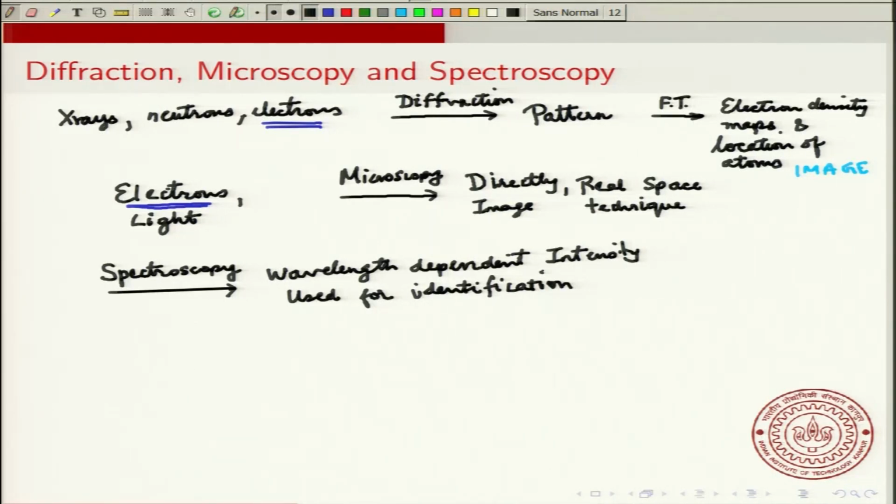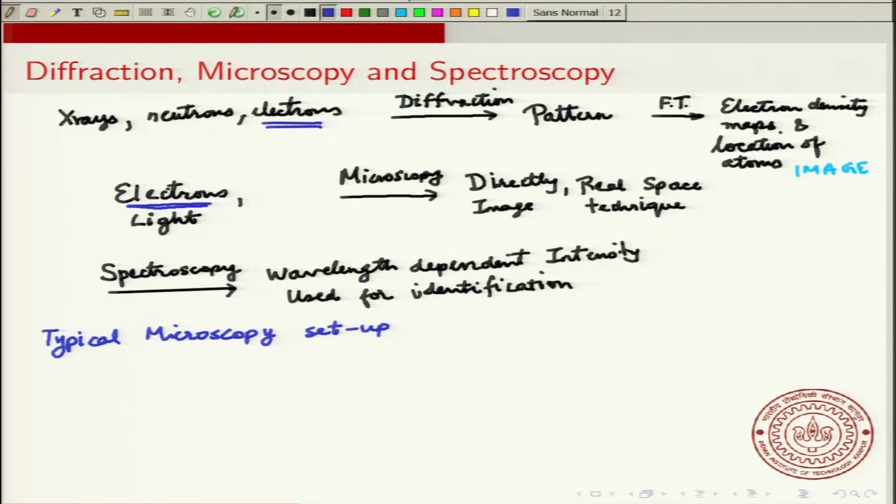So, let us look at a typical microscopy setup. A typical microscopy setup looks like this. We will come back to this and discuss it in more detail as we look at the details of the microscopic techniques.